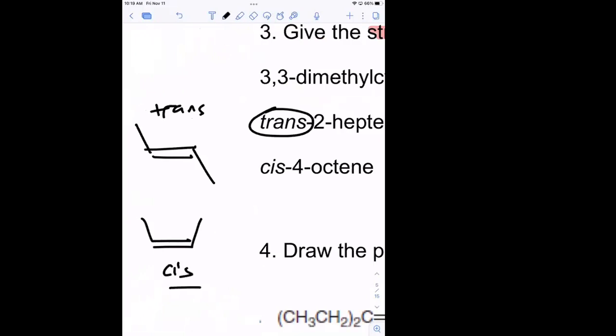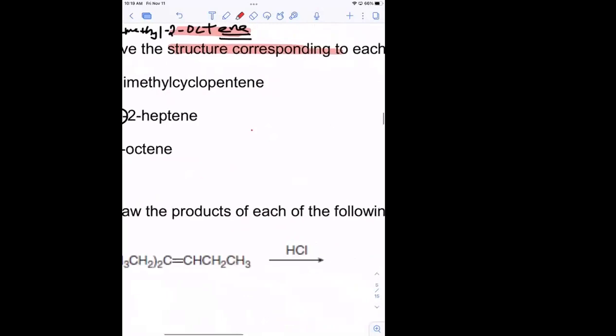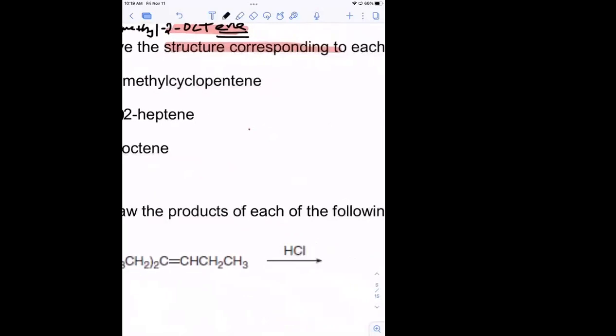Y'all following that? So if both groups on either side of that alkene are on the same side, on the same plane, you can see that right here. And then these are on opposite sides of the same plane, then one is trans and one is cis. So for trans-2-heptene, I need a trans double bond, so I'm going to write out heptene. So that's 7 carbons.